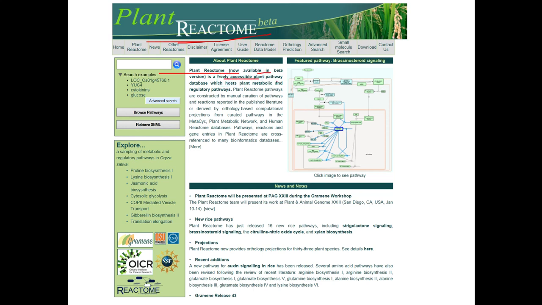It is freely available as a plant pathway database. You can analyze the pathway in particular plants. Okay, how this pathway is going on, how the flux is going on. You can go and just search. So this is all about my.